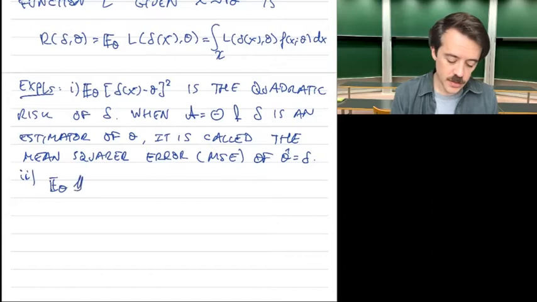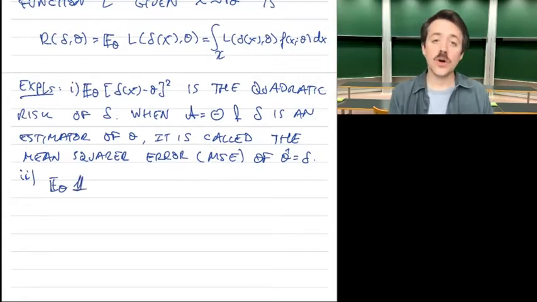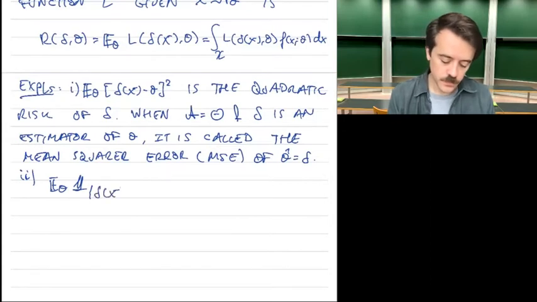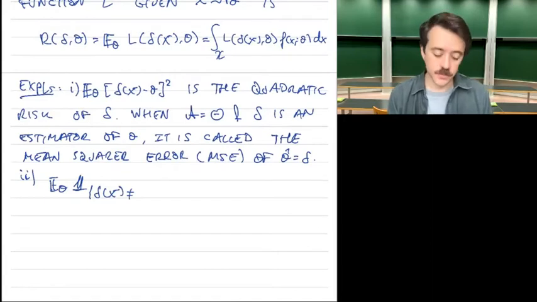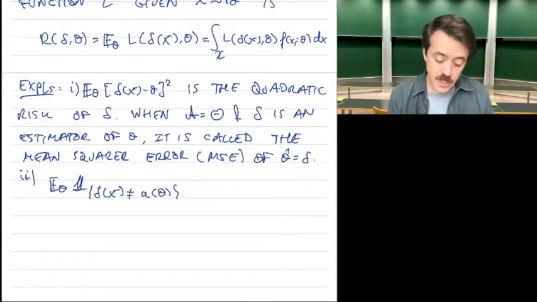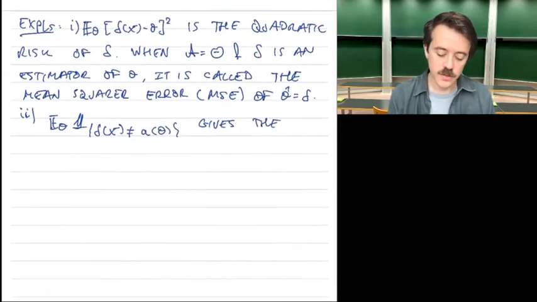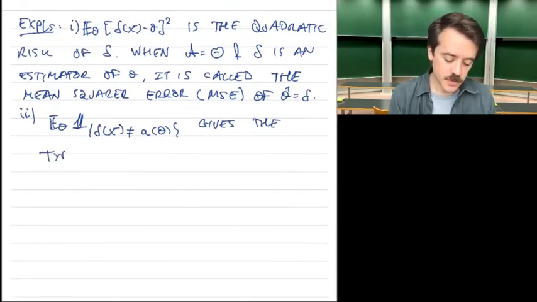So we can take the expectation of the loss function that we were considering. So this being distinct from some theta. And depending on the theta value, this gives the so-called type 1 and type 2 errors.